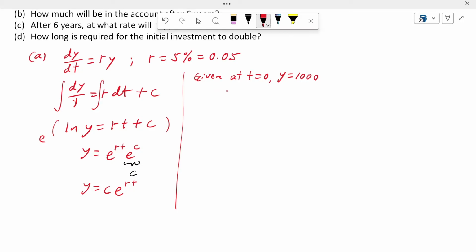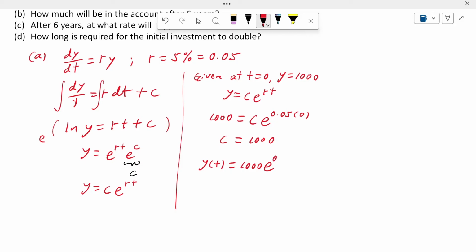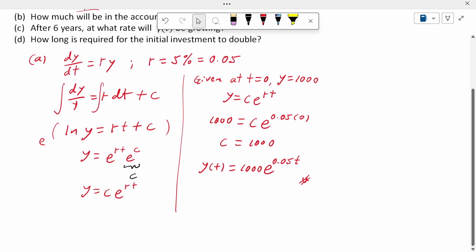So we substitute into these equations to find the C value. y equal to C exponential r t, so 1,000 equals C exponential of 0.05 multiplied by 0. Now we know C is equal to 1,000. That means y of t is 1,000 exponential 0.05 t. So this is our answer for question A.